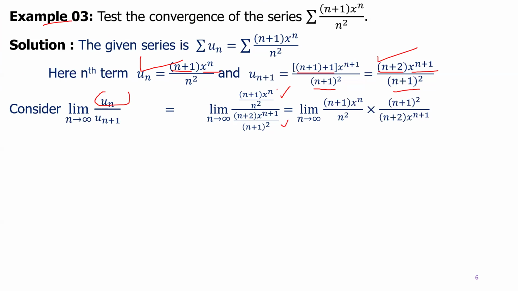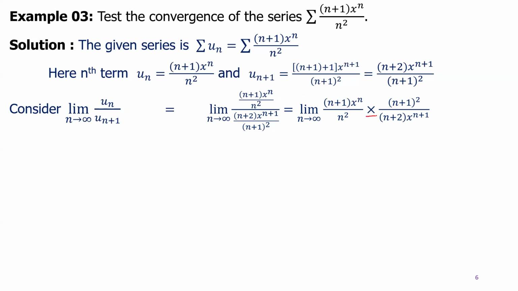The division converts to multiplication, so the denominator term goes to the numerator and the numerator term goes to the denominator.